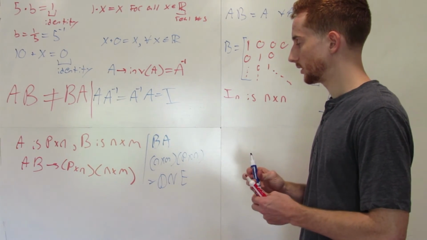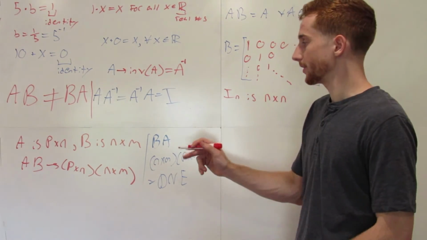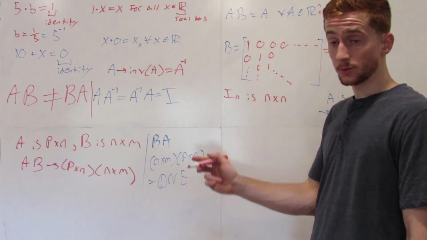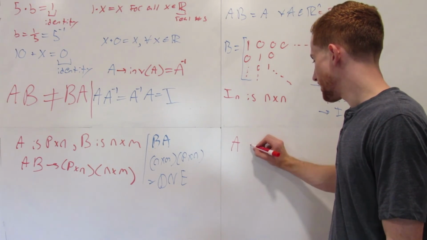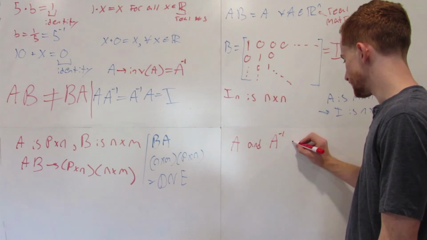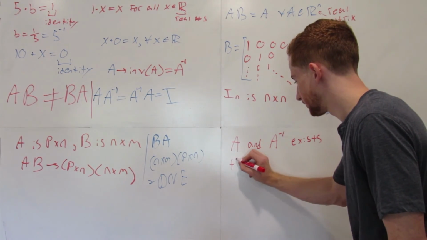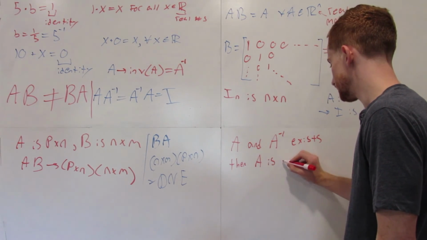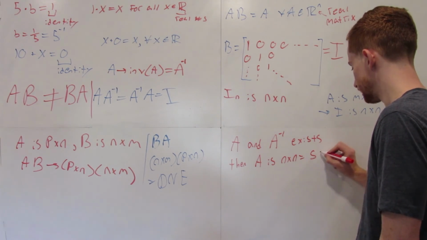So I think that should wrap it up, except for one more property I want to talk about. All matrices that have an inverse are square matrices. So if you have some matrix A and A inverse exists, then A is n by n, which is square.